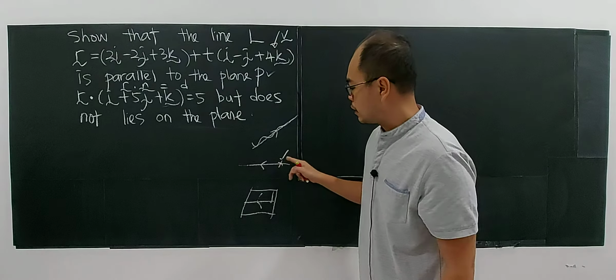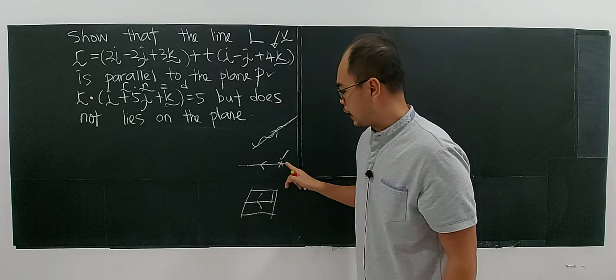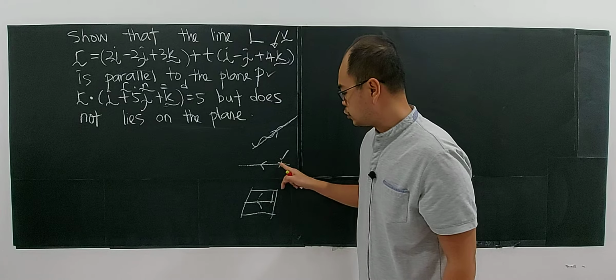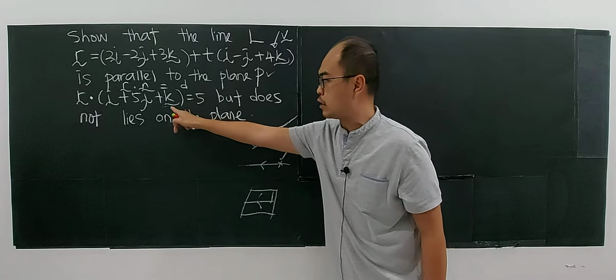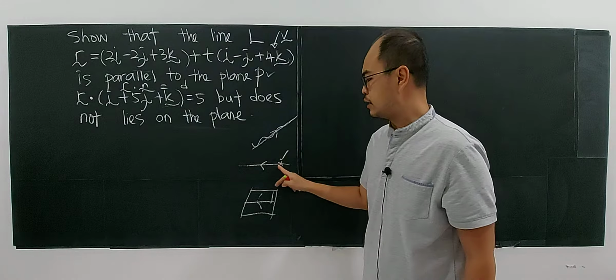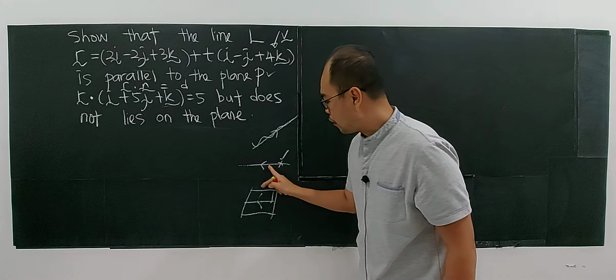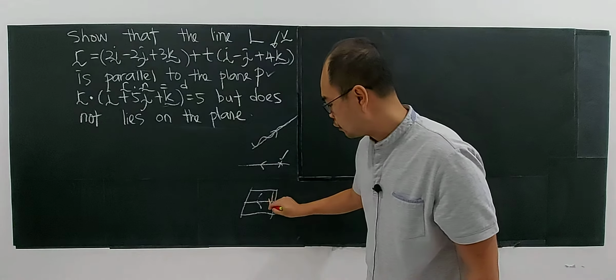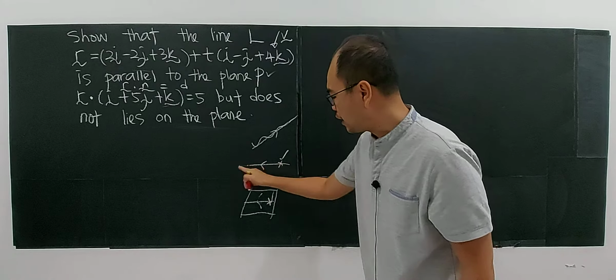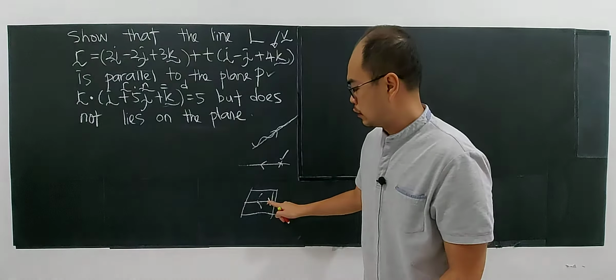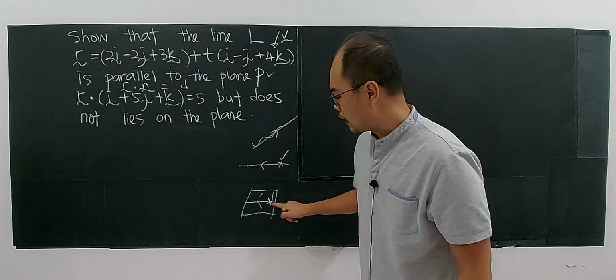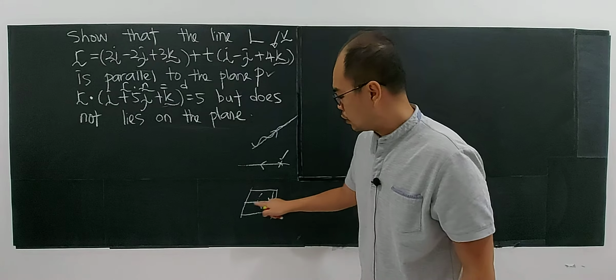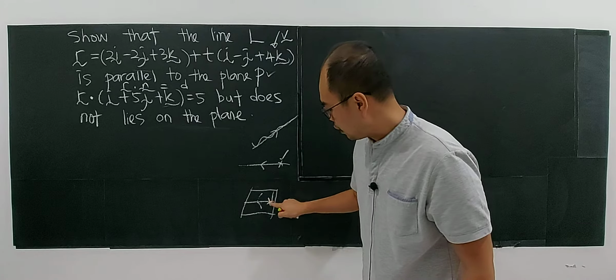So, if you say that this point is not on the plane, you have shown that this point does not satisfy the equation of the plane, so definitely every point on the line is not on the plane also. But if you can show that one of the points is on the plane, one is already enough.